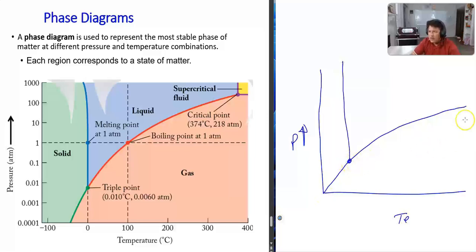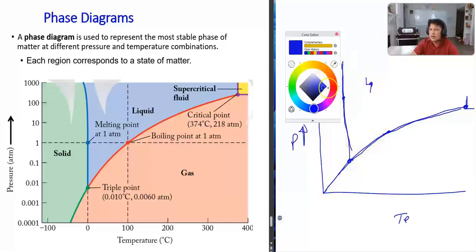So let's see what is happening in this phase diagram. This is one point, and after this there is another point here, okay. This is one boundary, this line is another boundary, and this is another boundary. And look at that, this is the liquid state. Let me give different colors, that's why it is easy to understand, okay guys.